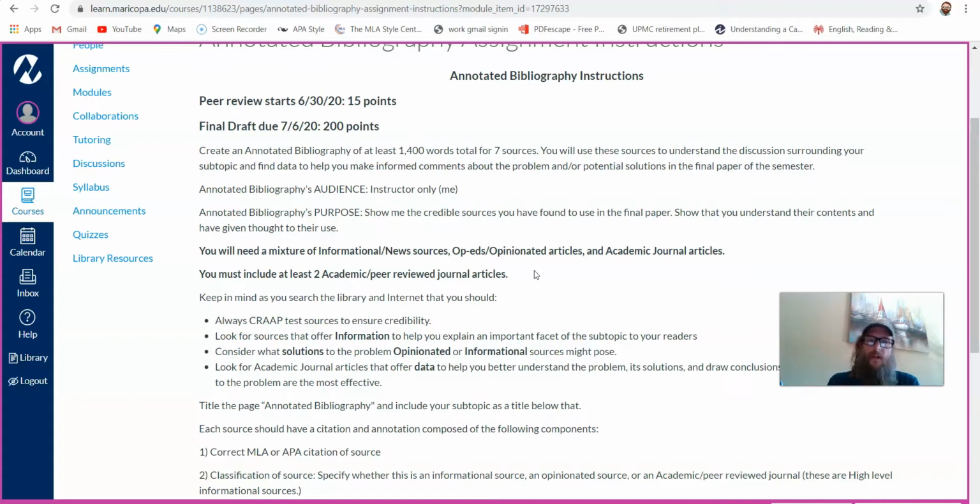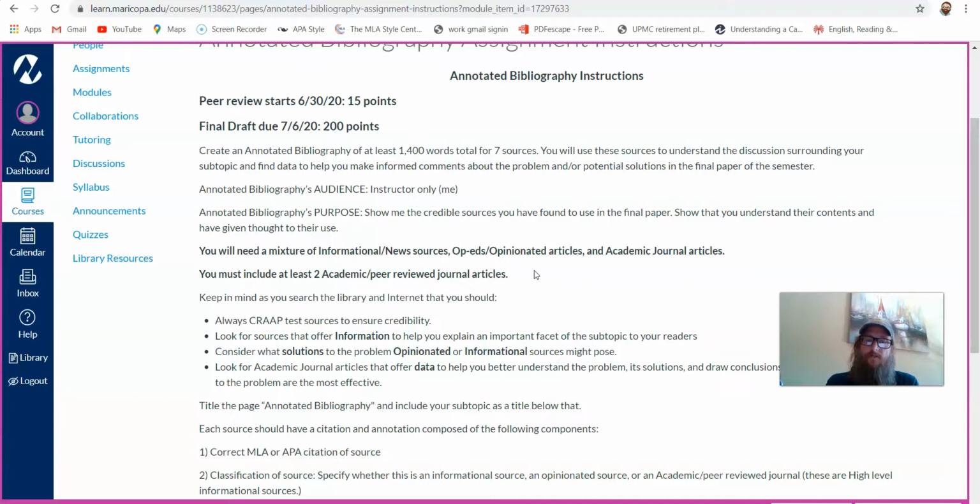So that's why that is a requirement. They work best when you find ones that provide data that is somehow connected to the subtopic that you identified in your initial research findings paper.